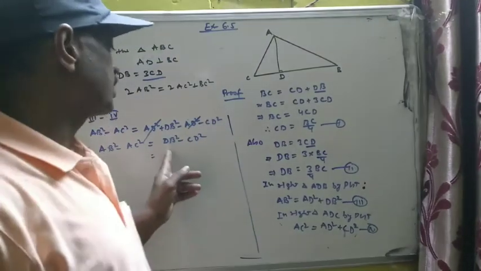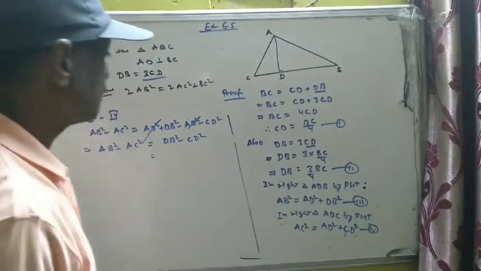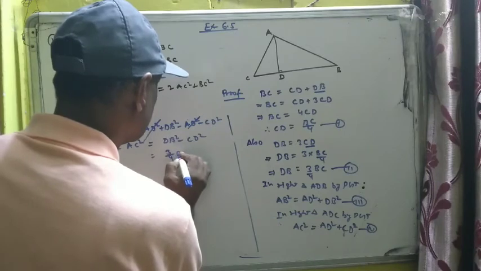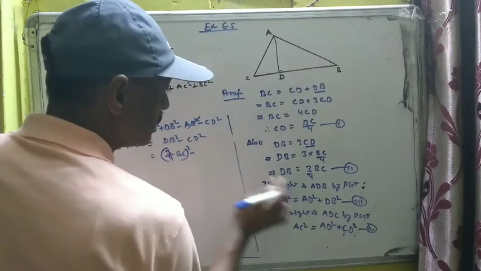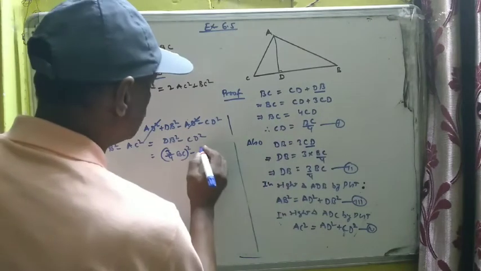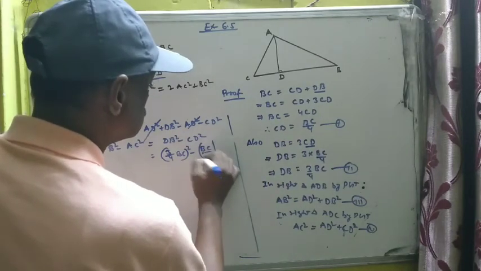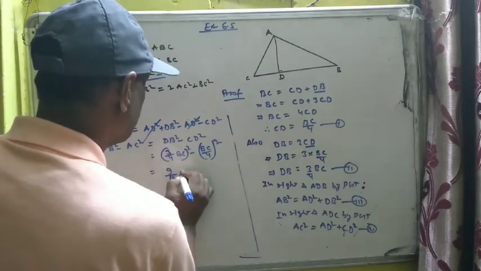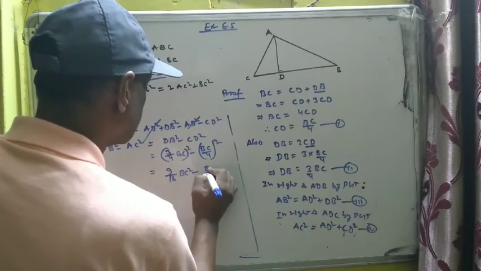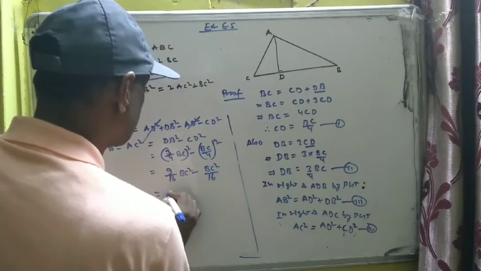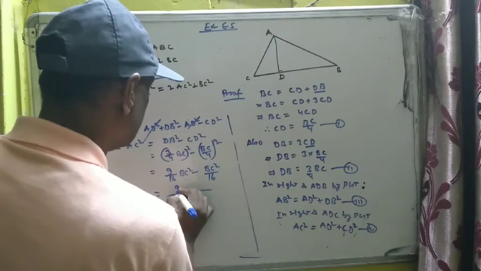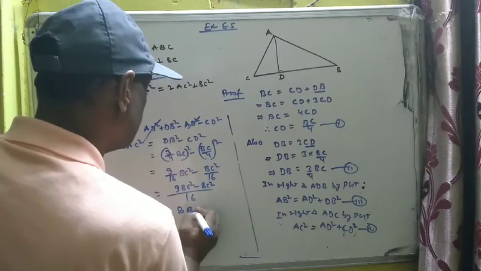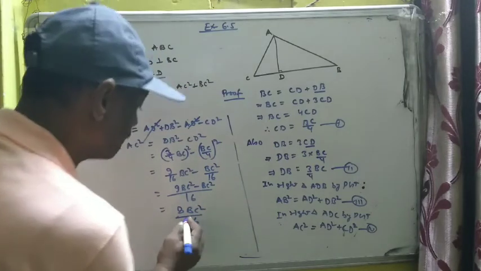We have the values of DB and CD. DB is 3 by 4 BC. So 3 by 4 BC whole square minus CD, which is BC by 4, whole square. It will be 9 upon 16 BC square minus BC square by 16. LCM is 16, so 9 BC square minus BC square, which is 8 BC square upon 16.